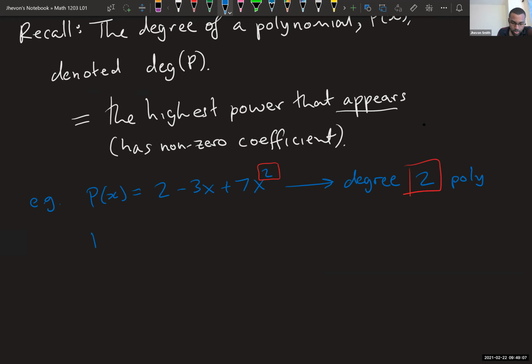If I have 17x to the 9 minus 2x cubed plus 7x minus 1, this is a degree 9 polynomial. Why? Because the highest power is a 9. Okay.